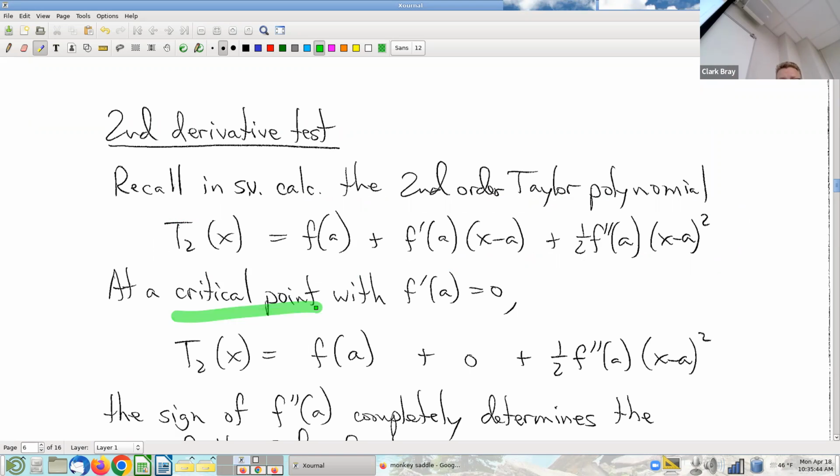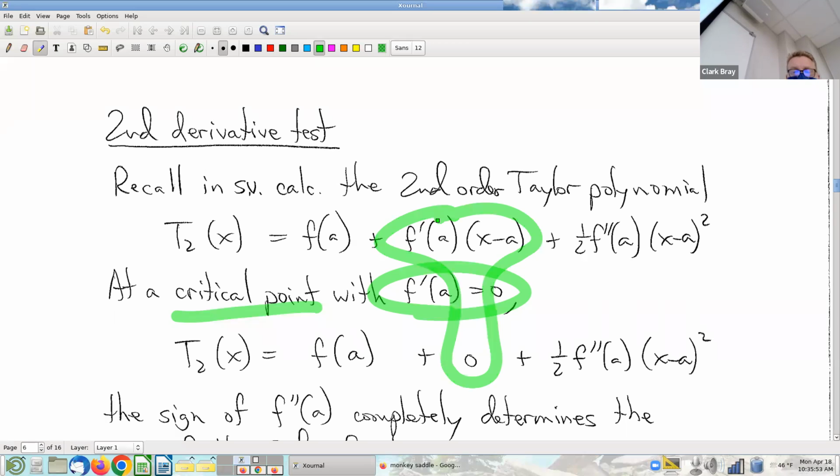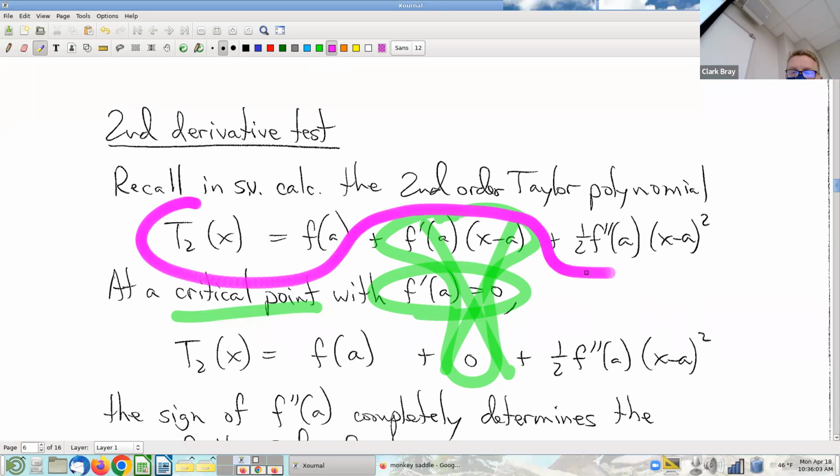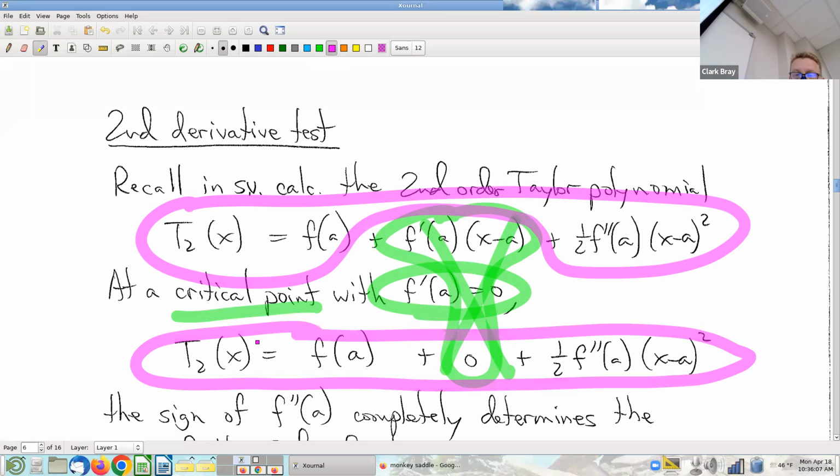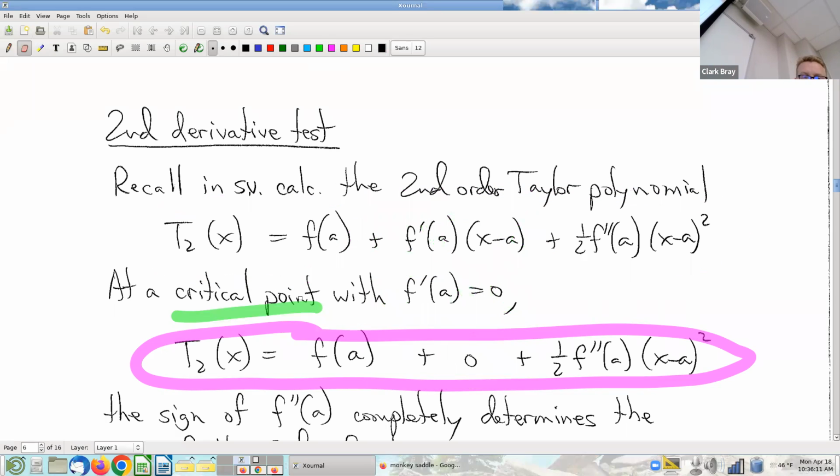So we're looking at a critical point, which means the derivative is equal to 0. And if the derivative is equal to 0, that means this term right here disappears. It's 0, so it goes away. And so all we're really left with is just this business right here.